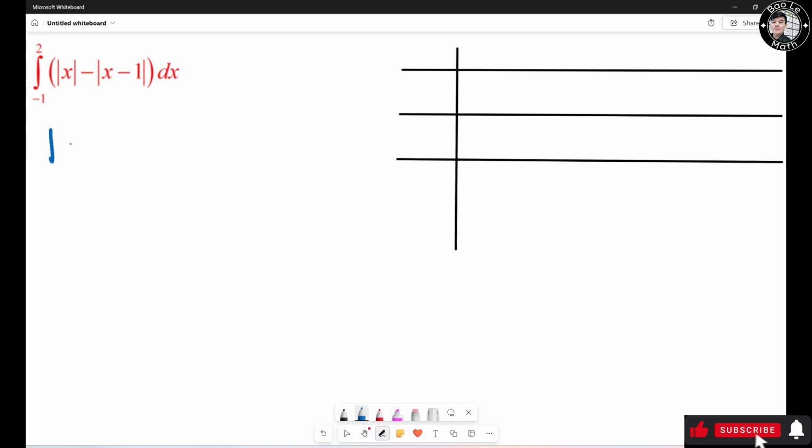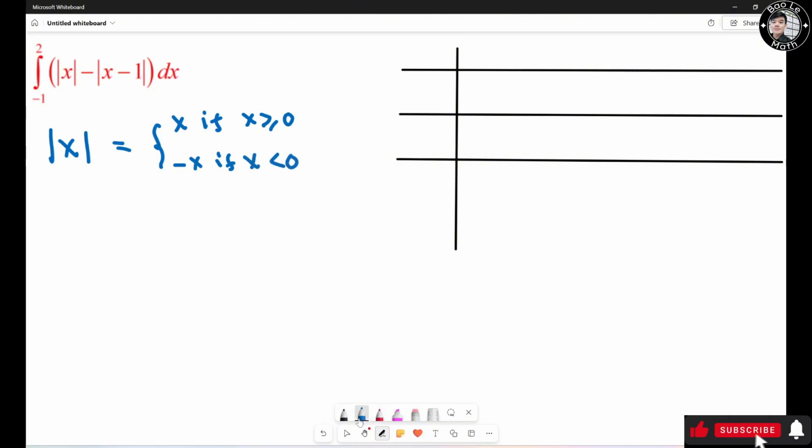So we have the absolute value of s equals s if s is greater than or equal to 0, and negative s if s is less than 0.